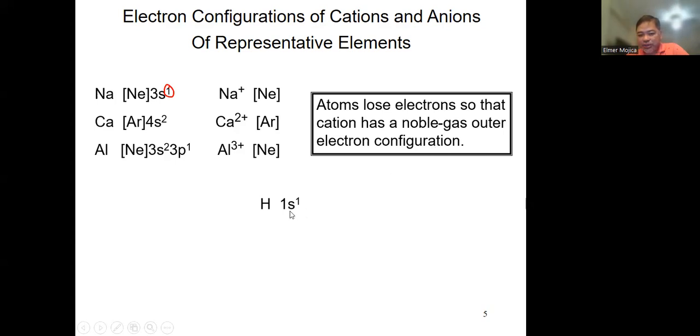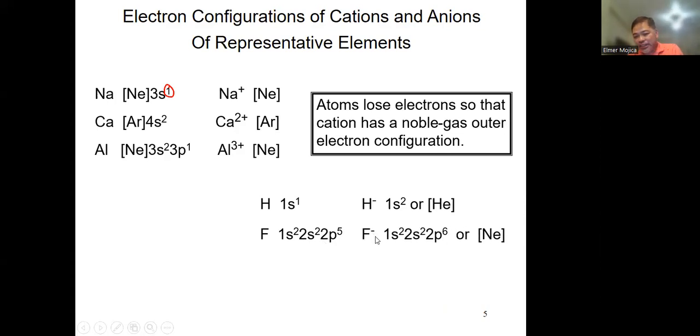If you add an electron, shown by the negative sign, the electron configuration of H minus is similar to helium because you have 2 electrons in the orbital. If you add 1 electron to neutral fluorine to become negatively charged, it becomes similar to the noble gas configuration.